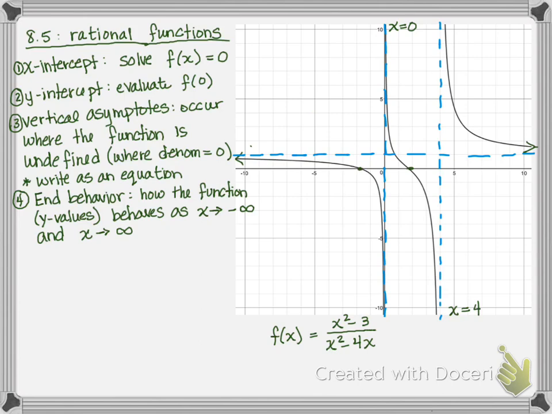One thing to remember is horizontal asymptotes, which is what we've just drawn, a horizontal line that we approach but never actually reach. And horizontal asymptotes are slightly different from vertical asymptotes in that they only have to do with end behavior. So what's happening in here doesn't really matter.